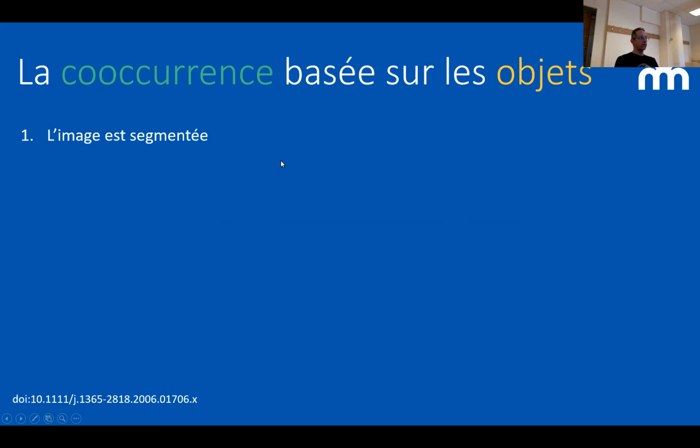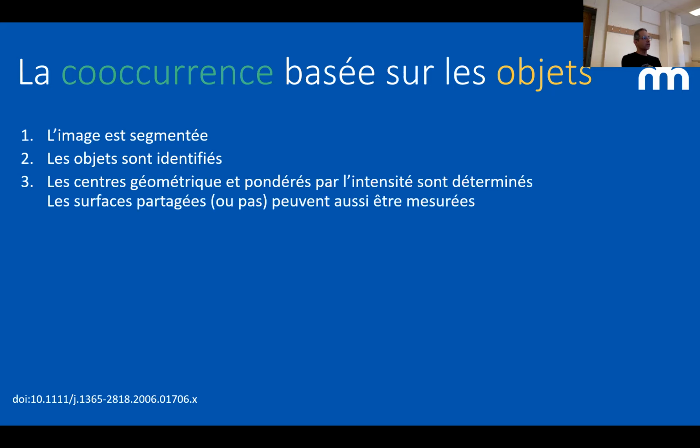So I'm going to present a bit the co-occurrence based on the object, because it's very easy to do and it's reachable by a lot of people. The first thing you need to do is segment your image, exactly like we did when we did the thresholding. We segment the image into objects, particles, and then we identify each of them in each respective channel.